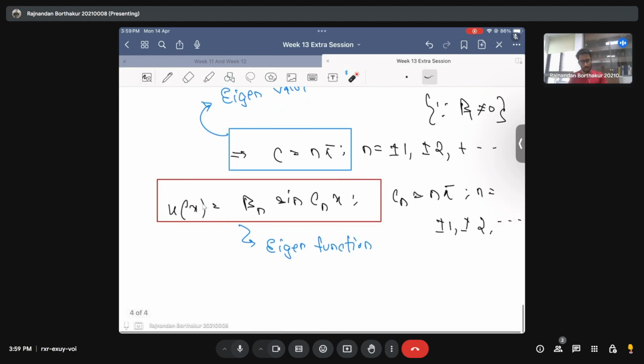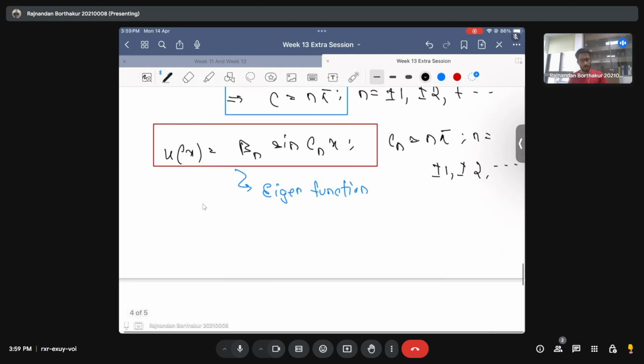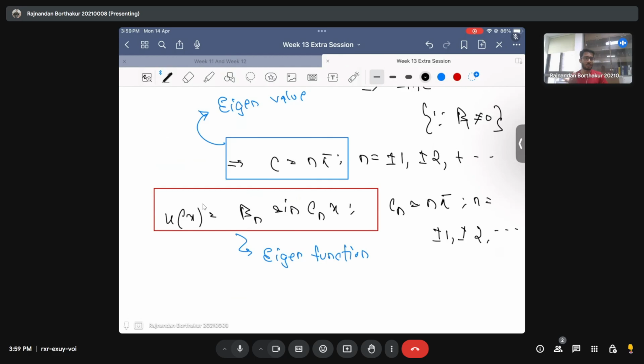All right, so I'll stop here for some time. I hope this is fairly straightforward, but you should at least try to understand that only for some specific values of c is the equation which governs how u of x varies with time satisfied, and that is exactly the hallmark of an eigenvalue problem.